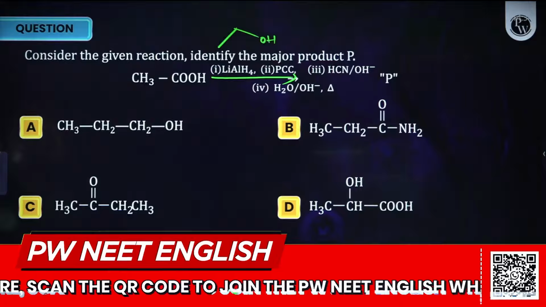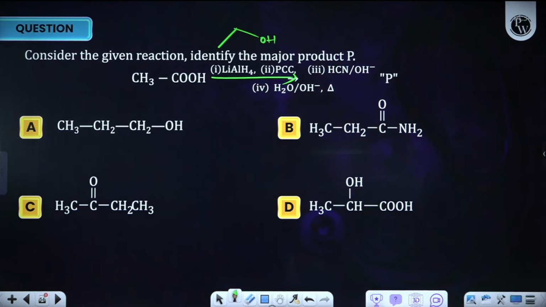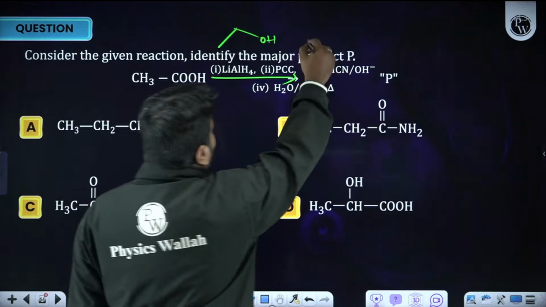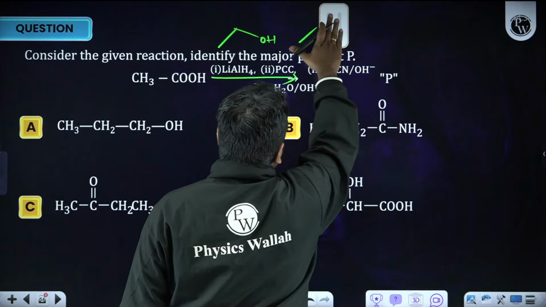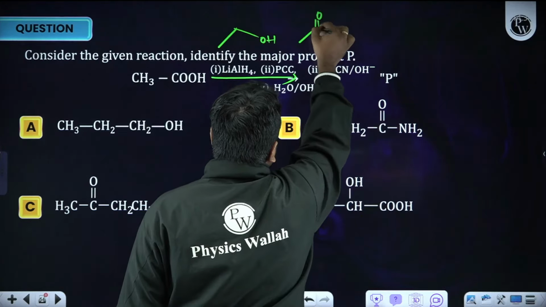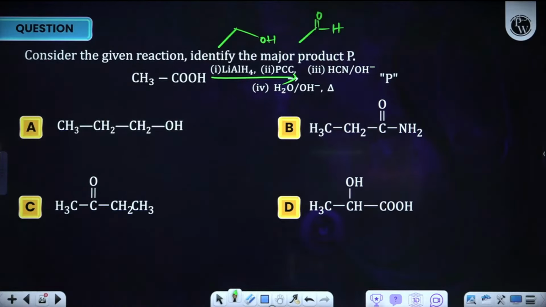Next, I am treating this with PCC. With PCC, we will be getting the corresponding aldehyde, CH3 C double bond OH.